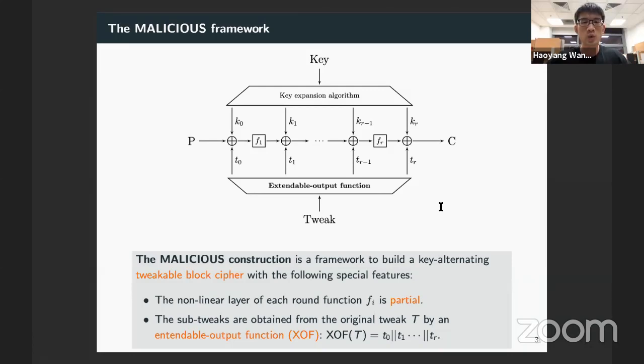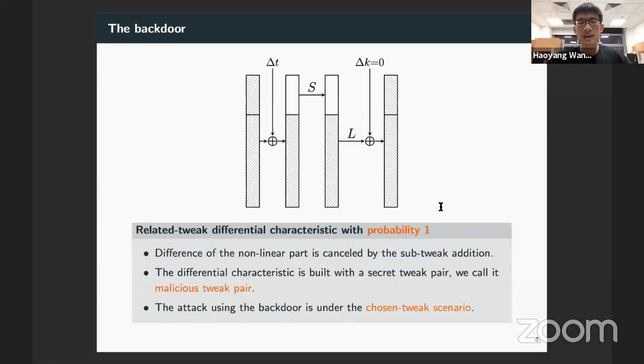And secondly, the tweak schedule used in this framework is chosen as an XOF, which is a generalization of a hash function, and its output can be arbitrarily long. Then the concatenation of the subtweaks will be the output of the XOF. The backdoor that can be embedded inside this framework is a related-tweak differential characteristic with probability 1.